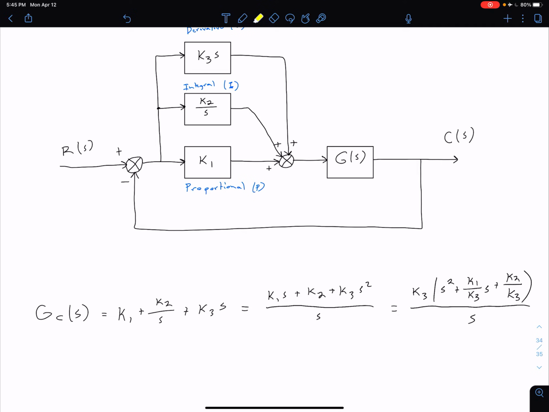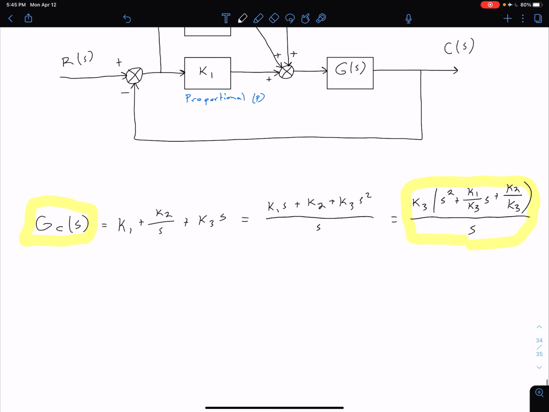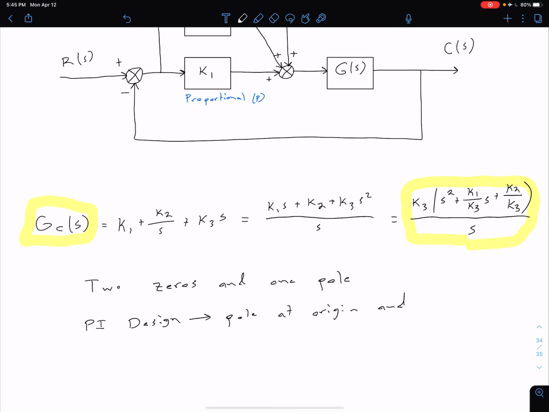Looking at this equation here for our compensator network, we can notice a few things. First of all, we note that it is introducing 2 zeros and 1 pole, as we would expect, because our PI design, as you recall from our previous notes, is going to need a pole at the origin and a 0 close by.